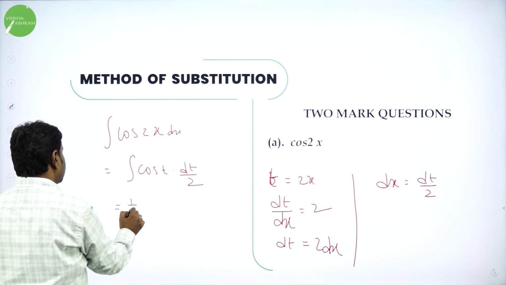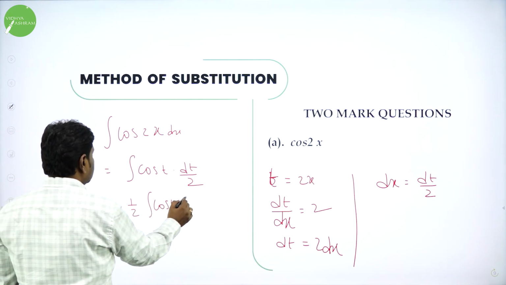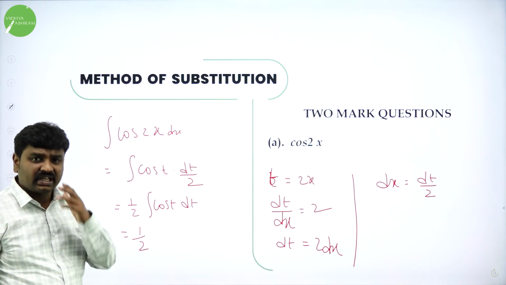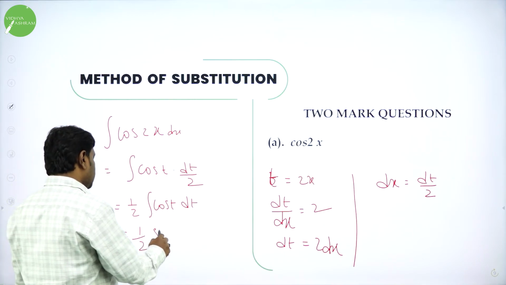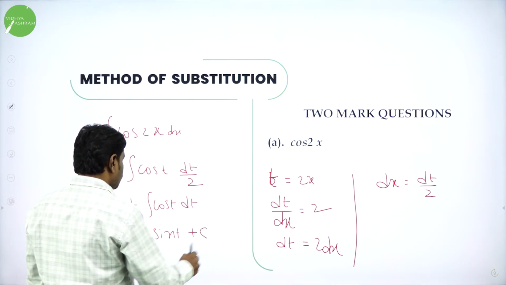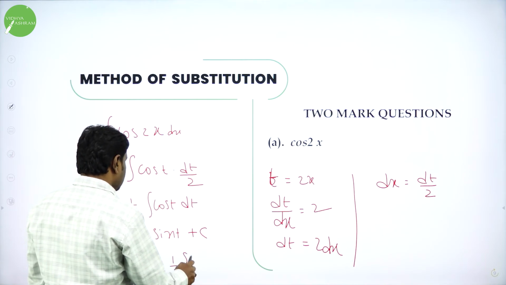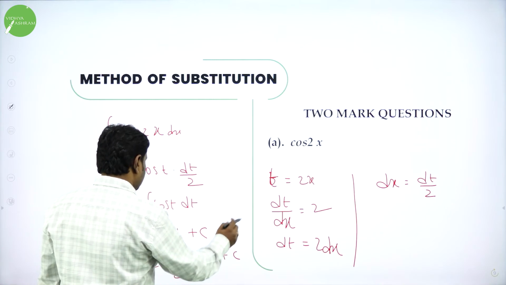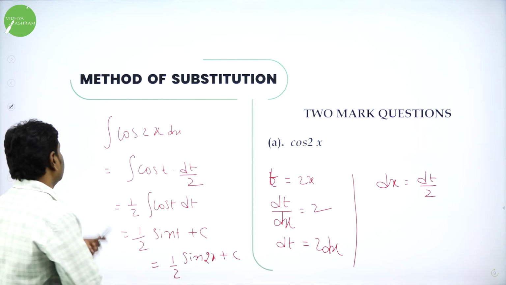So 1 by 2 is a constant, take it out. Integration of cos t. What is the integration of cos t? All of you know the integration of cos x is sin x. So the integration of cos t is sin t plus c. And substitute the value of t. What is t? 2x. Half into sin 2x plus c, or sin 2x by 2 plus c.